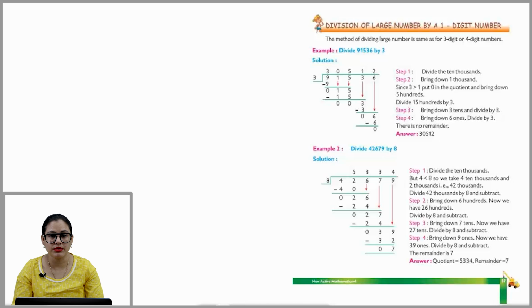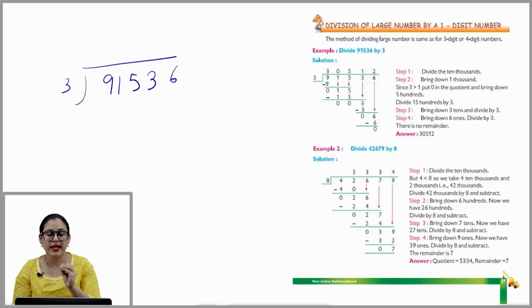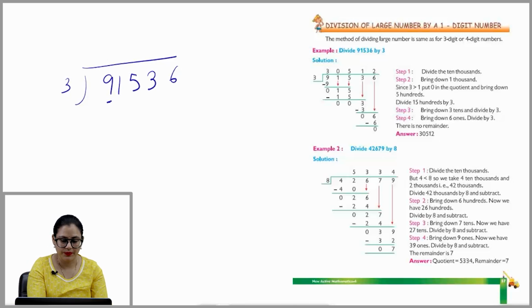Division of large number by a 1-digit number. The method of dividing large numbers is the same as for 3-digit or 4-digit numbers. Example, you have to divide 91,536 by 3. Okay. First step 1, divide the 10,000s, means 9. 3 3s are 9.